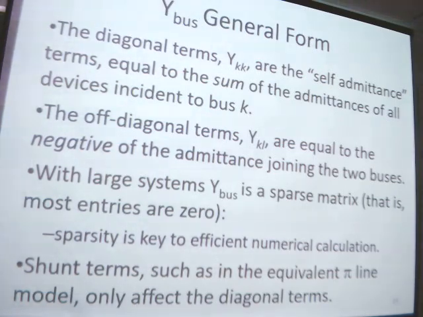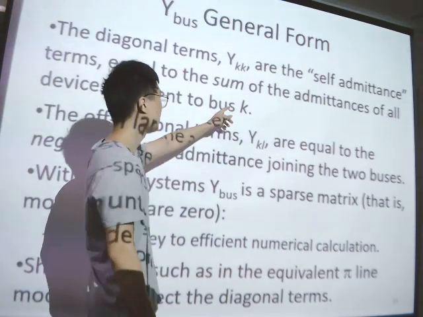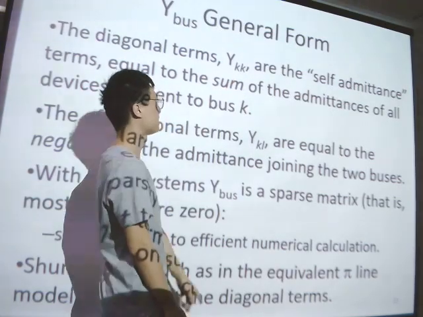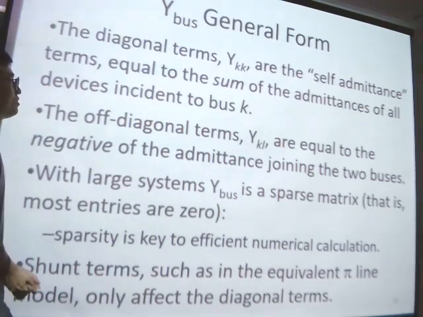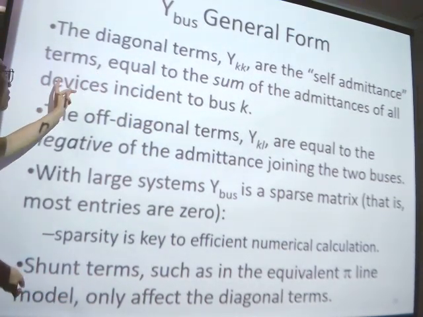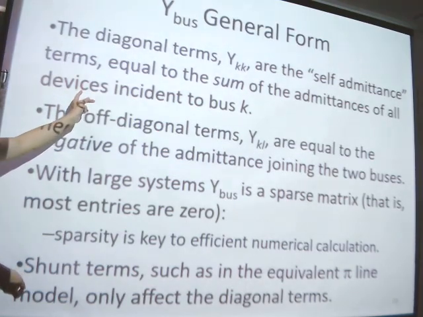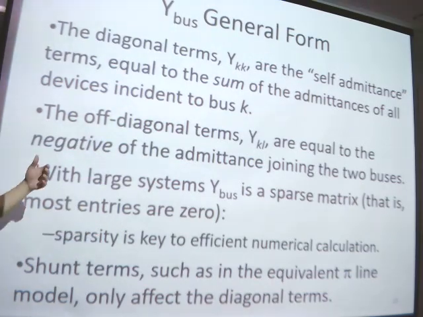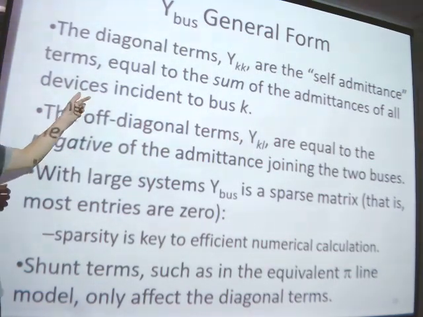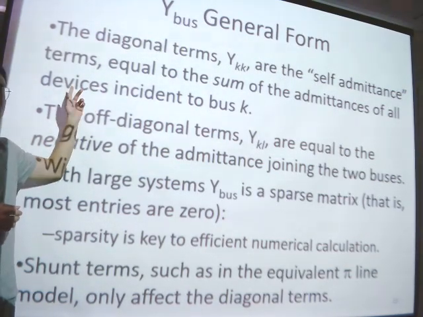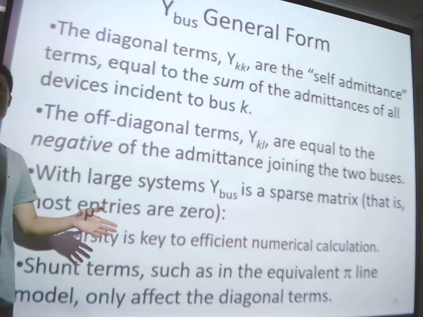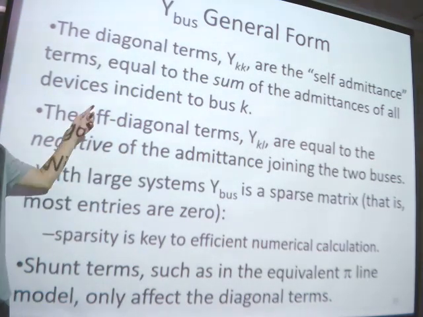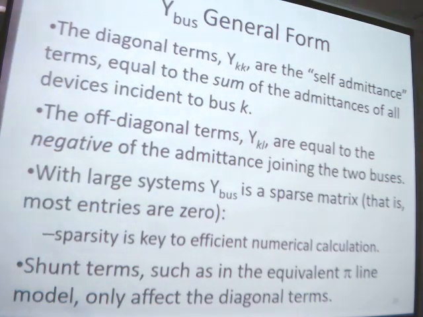As we discussed previously, the diagonal term of the admittance matrix is equal to the sum of the admittances of all devices incident to bus K, okay? So every line that is directly connected to bus K, you need to add all of their admittances.